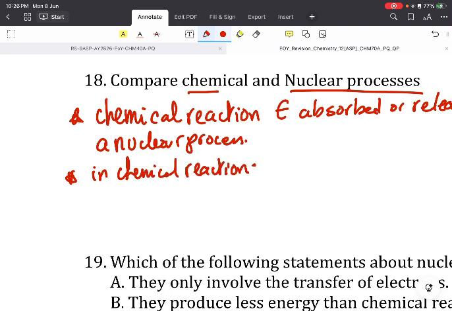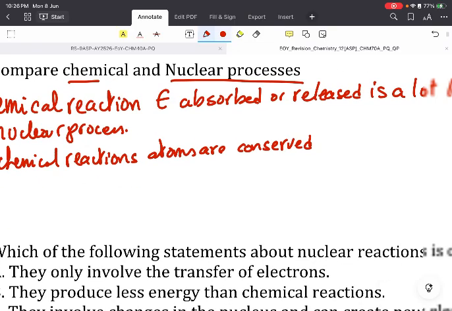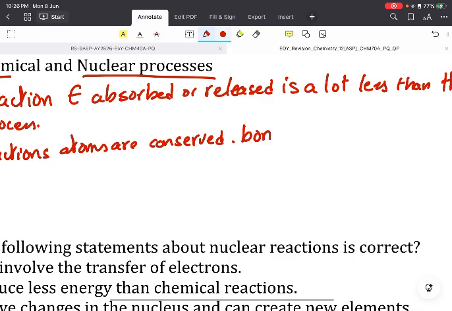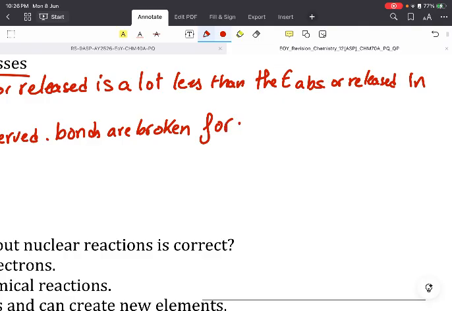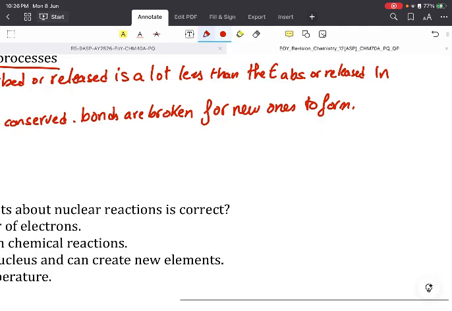Second, in chemical reactions, atoms are conserved. It means bonds are broken for new ones to form, and I still have the same atoms.